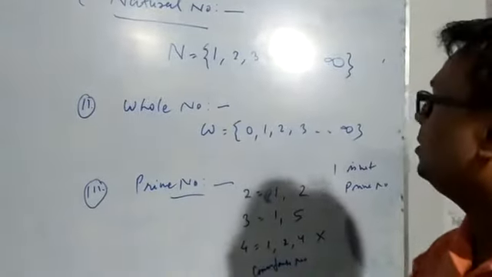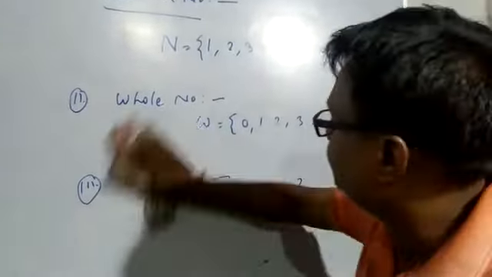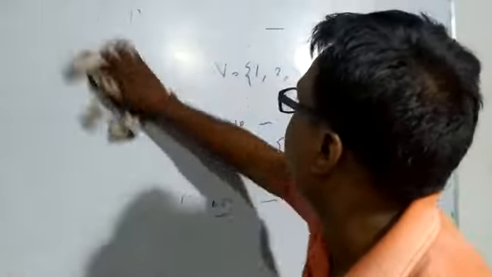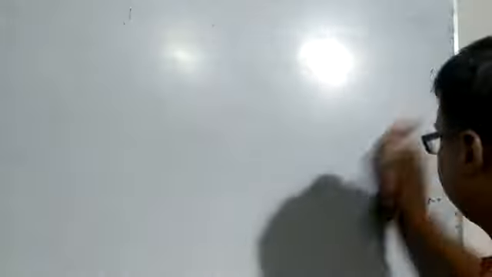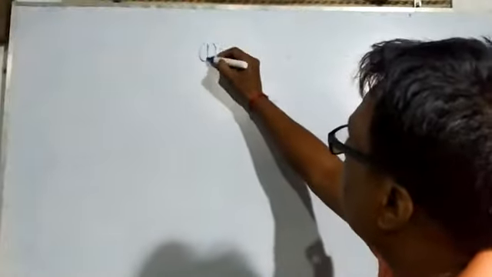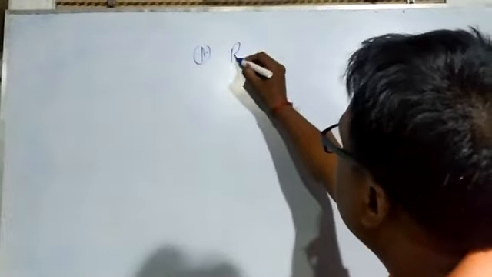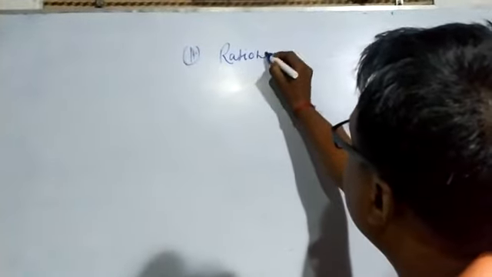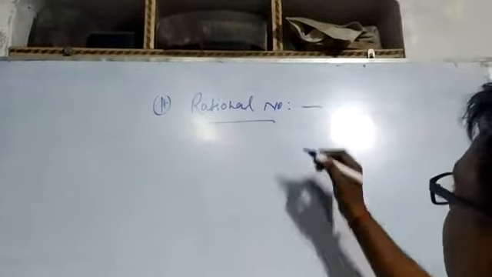Now we are going to read about rational numbers. The next topic is rational number.